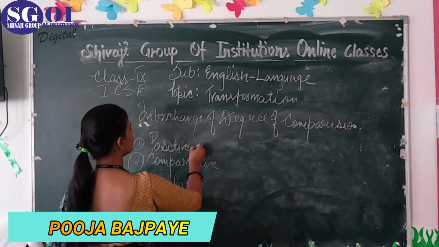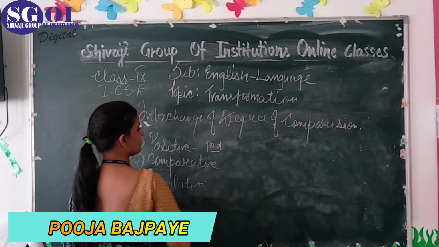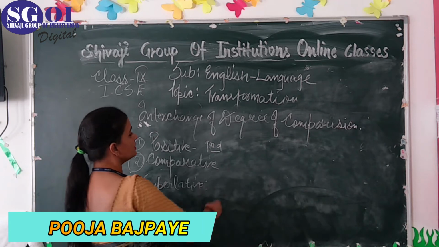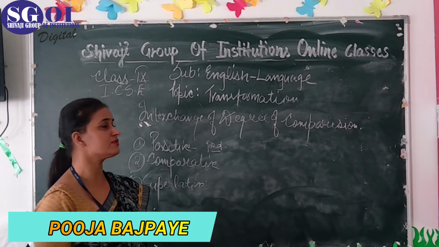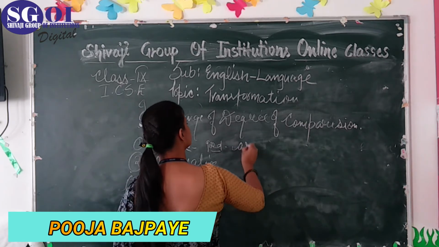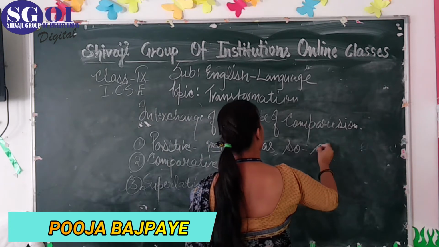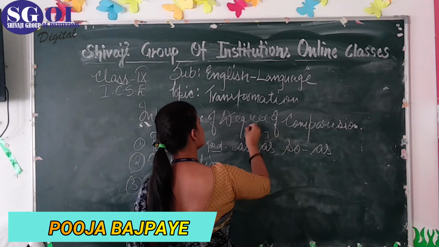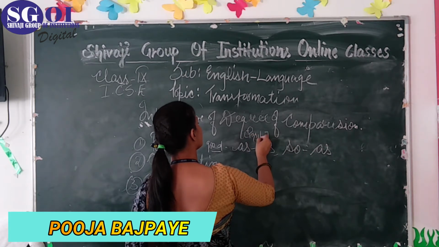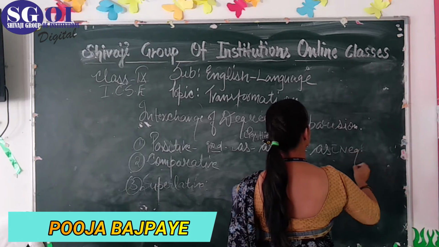In the positive degree we use the actual word, just like 'good'. If the sentence is used as a comparison, we can use 'as... as' and 'so... as'. 'As... as' is used in positive sense and 'so... as' is used in negative sense.